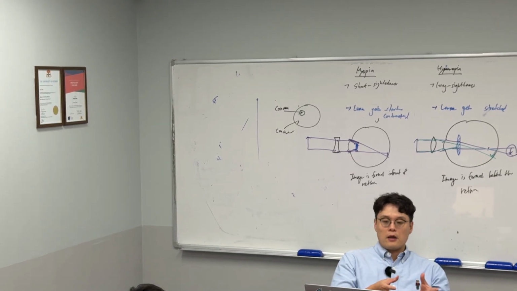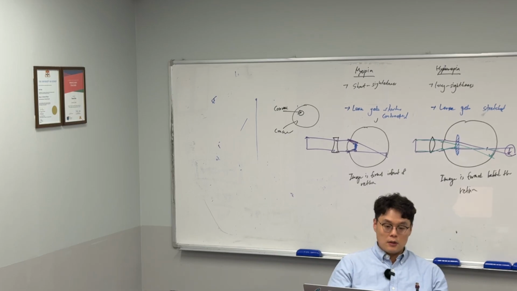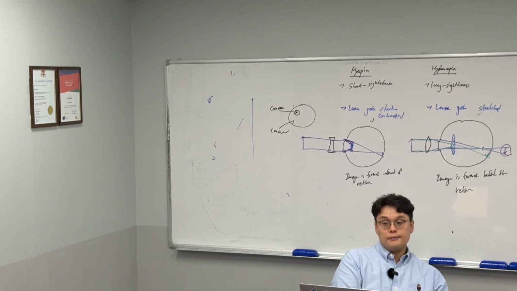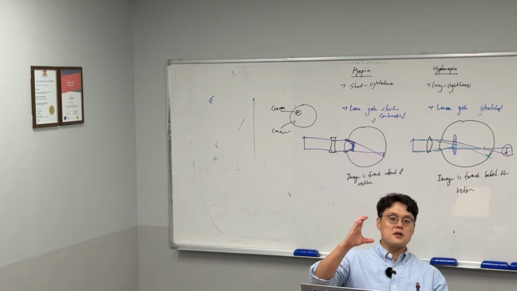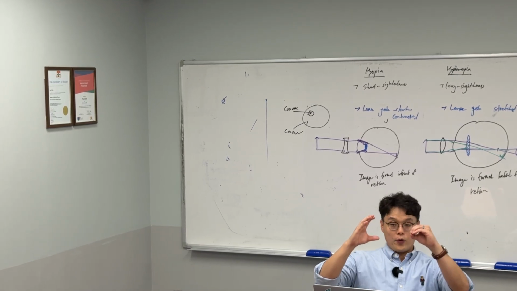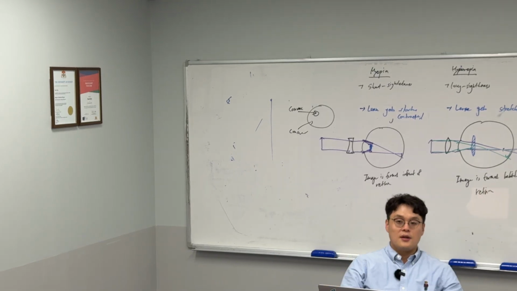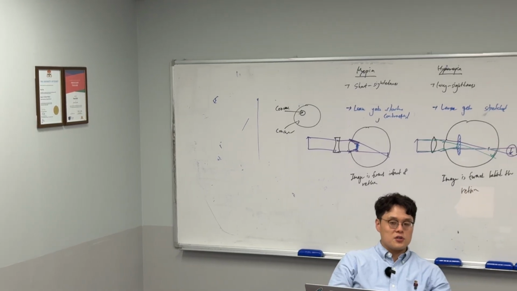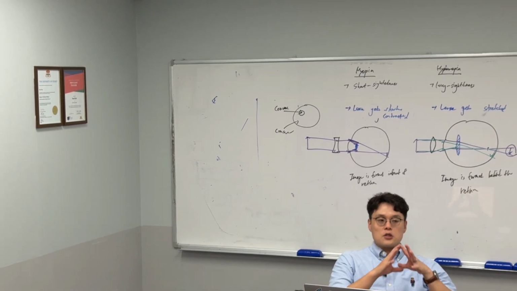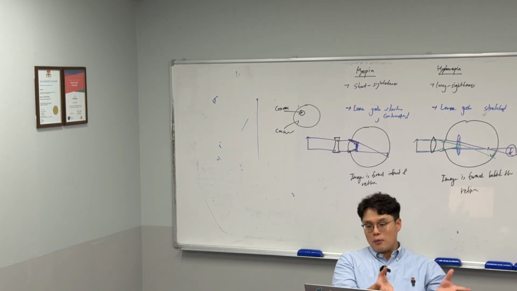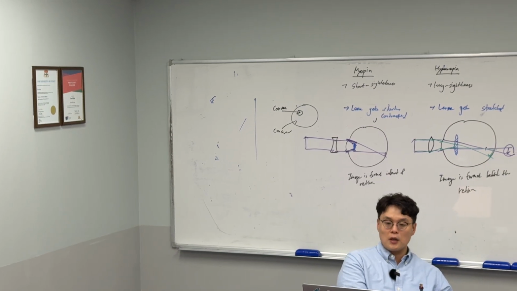Converging would be basically convex lenses. A concave mirror is kind of converging, getting the light into the focus, and this would be diverging. Kind of confusing, I know. So it's better to memorize the shape of the mirrors and lenses and the properties that go with them.